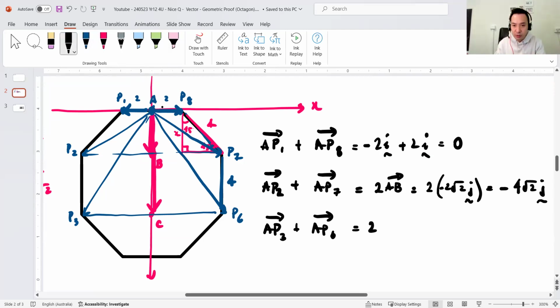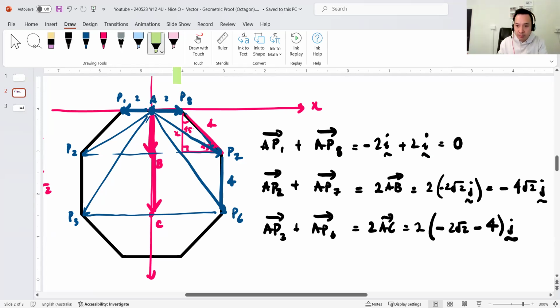So I know that this is going to be 2 times AC, which is 2 times minus 2 root 2 minus another 4, j, right? Does that make sense? So let me say that again. Minus 2 root 2 is this bit. 4 is this bit.